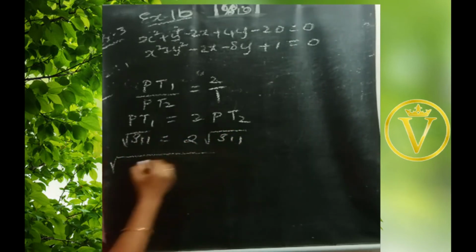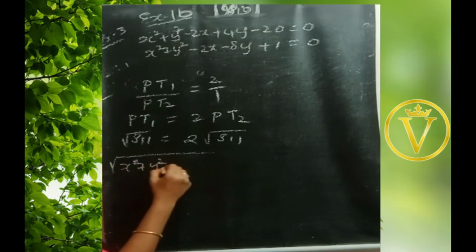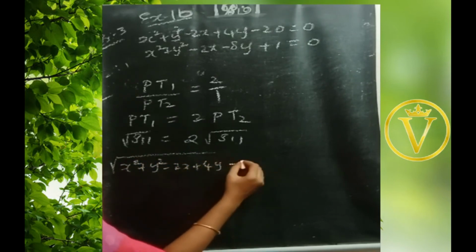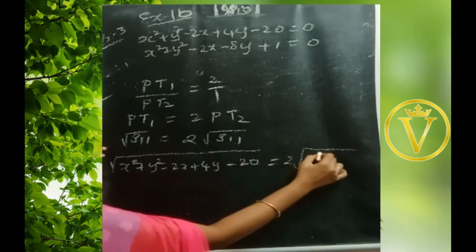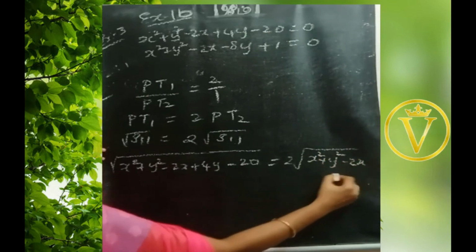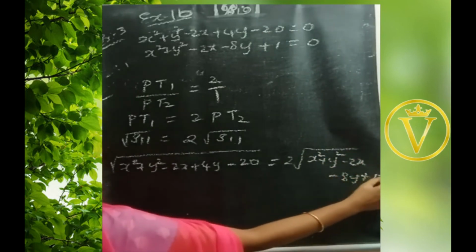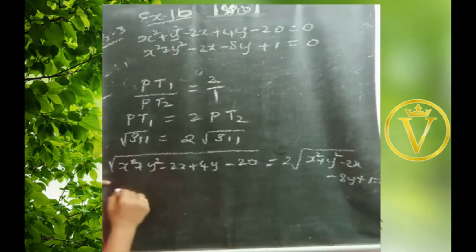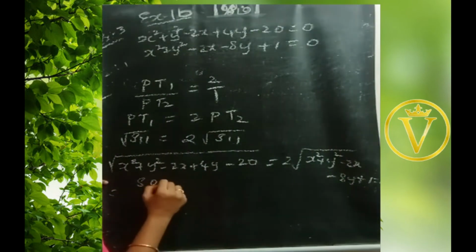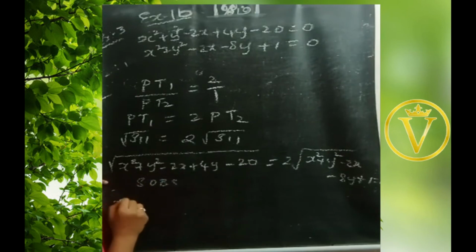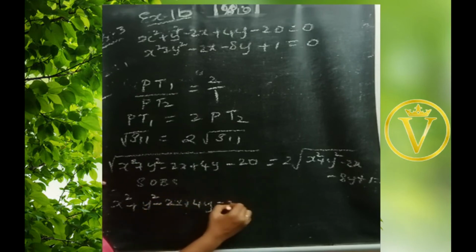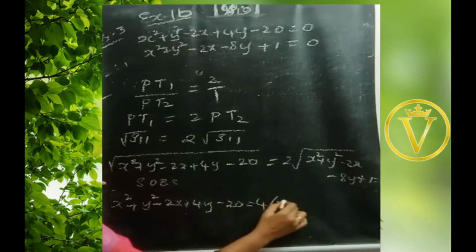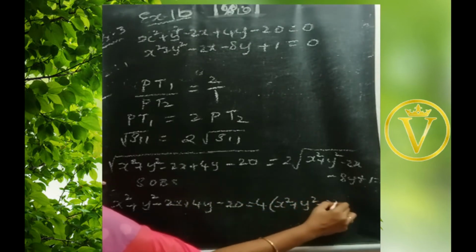So our first circle is x square plus y square plus 4y. Already they have given the length of the tangent 2x minus 8y plus 1 equals 0. Now squaring on both sides, you will get x square plus y square minus 2x plus 4y minus 20, and 4 of x square plus y square minus 2x.